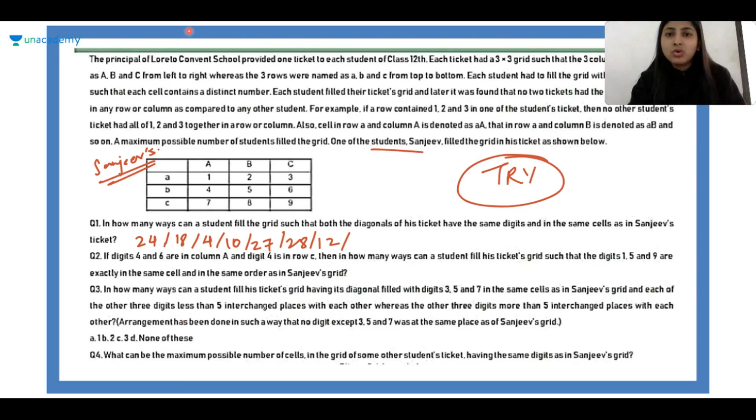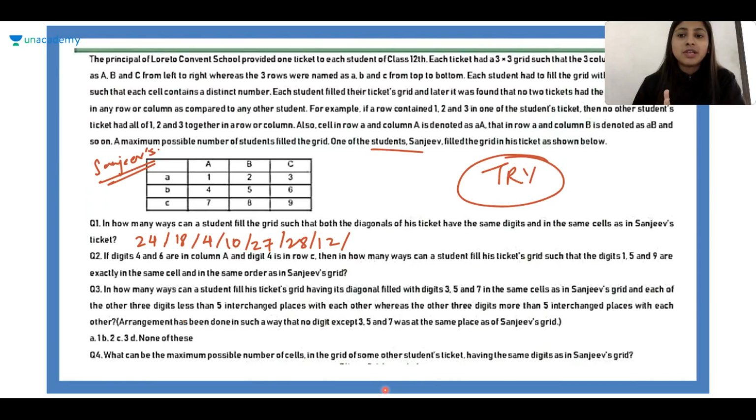Is it fine now? So what I was saying is, I don't think the answer will be so large because you'll have to cancel so many cases, right?